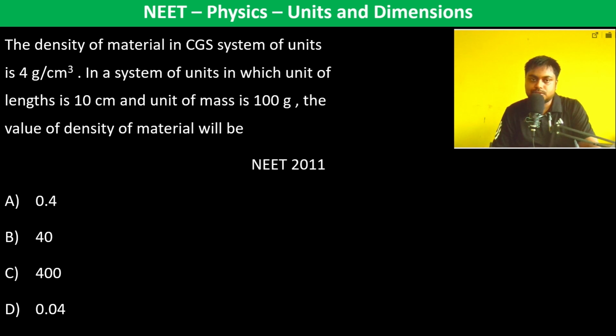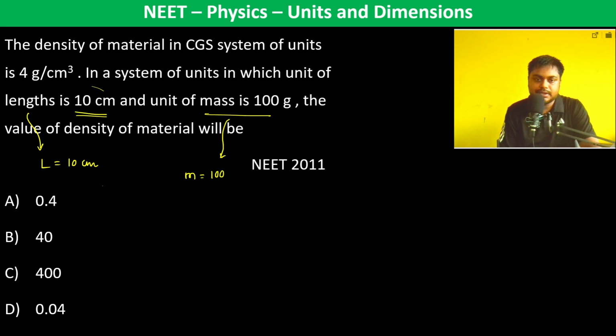The density of material in CGS system of units is 4 gram per centimeter cube. In a system of units in which the unit of length is 10 centimeter and the unit of mass is 100 gram, the value of density of the material will be? So in a system of units in which unit of length is 10 centimeter, so let us say the length is 10 centimeter and mass, we write here mass as 100 grams.